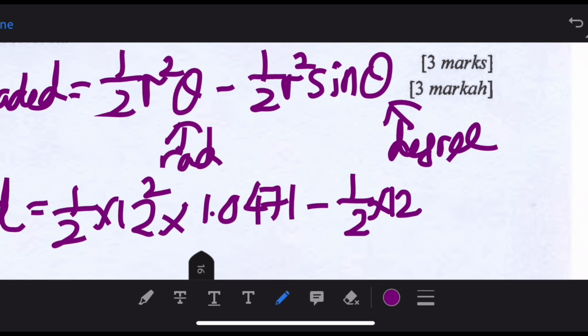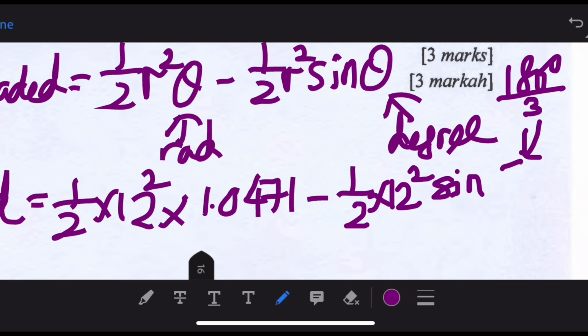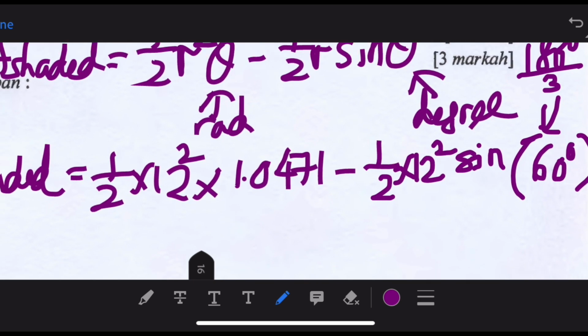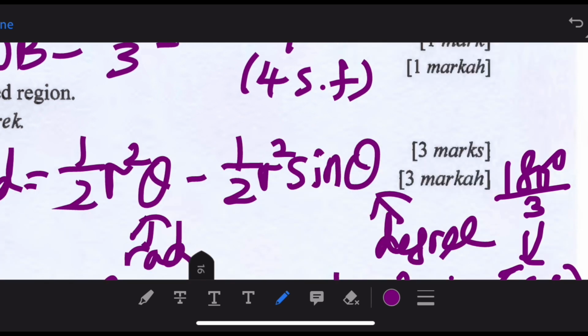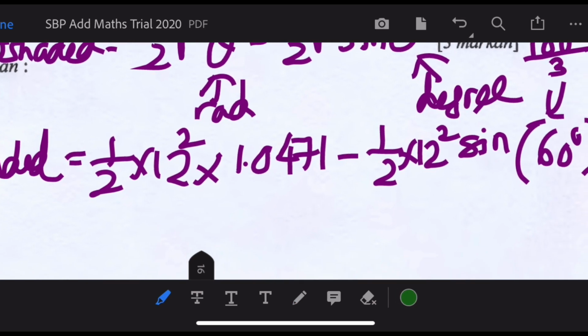So I advise you to convert the pi over 3 into degree. Then you can press your calculator in one shot and you don't have to convert to radian mode because it's a bit troublesome. You have to make sure you convert back to degree after you convert to rad mode. So to avoid this, we try to convert the theta into degree, because pi is equivalent to 180 degrees. So it's quite simple for you to convert into degree.